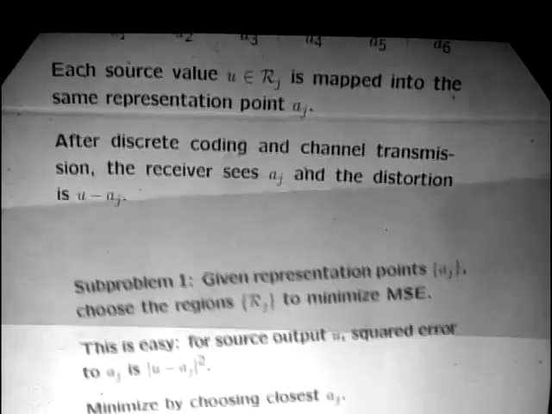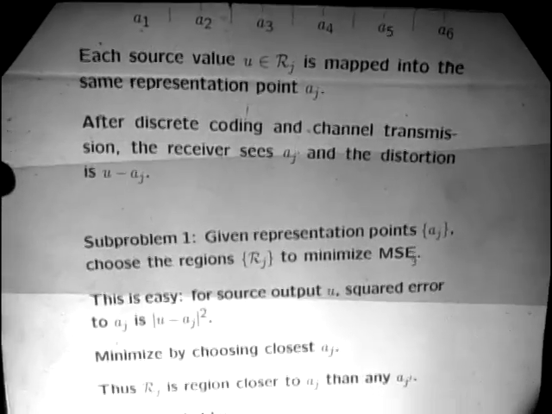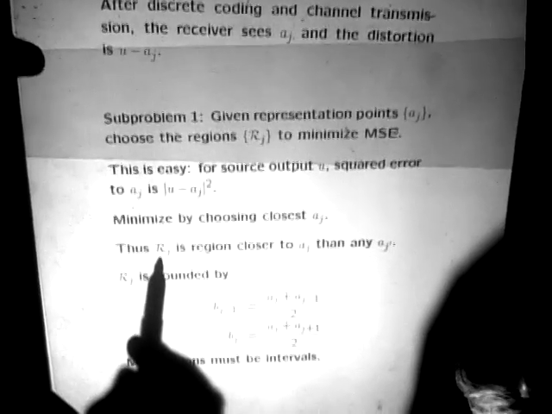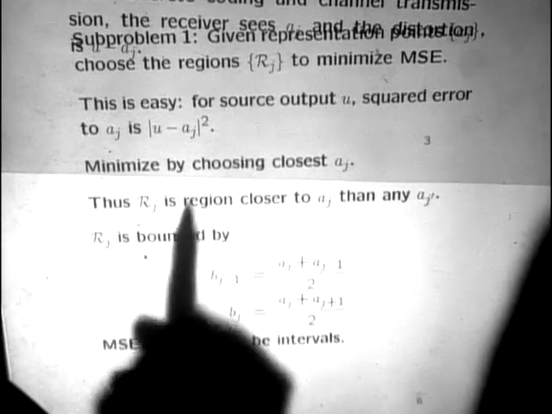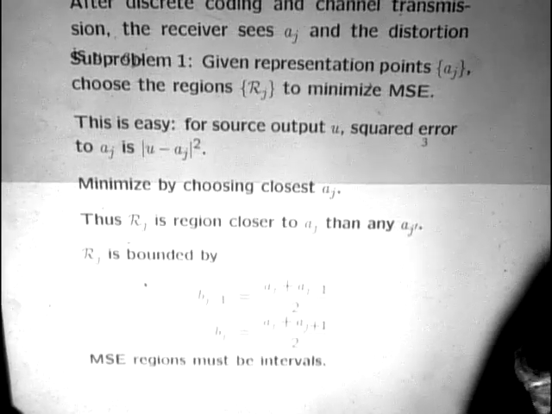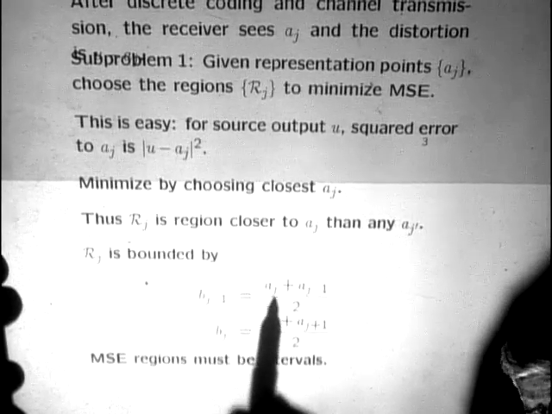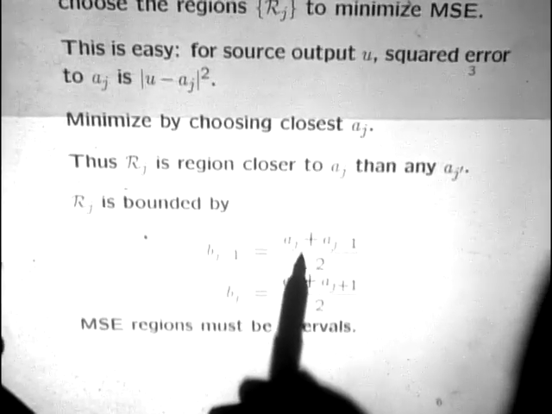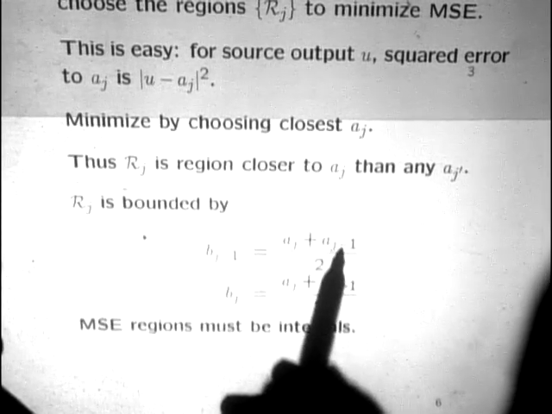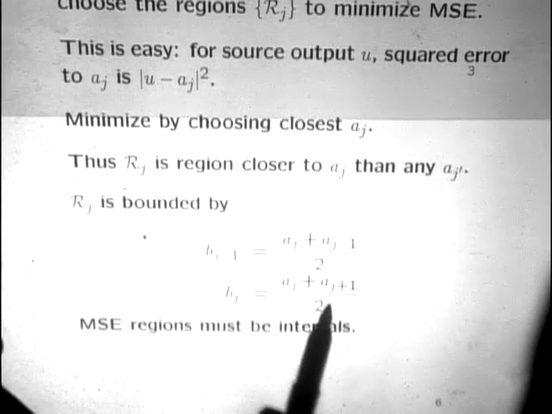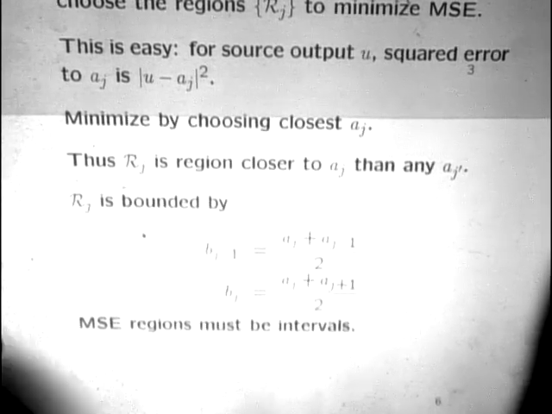In other words, what we wind up doing is we define the region R sub j, the set of things which get mapped into A sub j, as the region which is bounded by b sub j minus 1, which is the average of aj and aj minus 1, and bj is the average of aj and aj plus 1, where I've already ordered the points A sub j going from left to right.